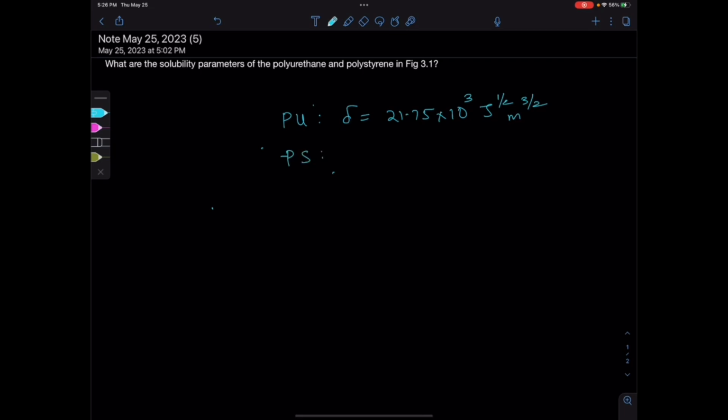Similarly, for polystyrene, the peak is at 18, which means delta is 18 times 10 cube joules to the power half m to the power 3 by 2.